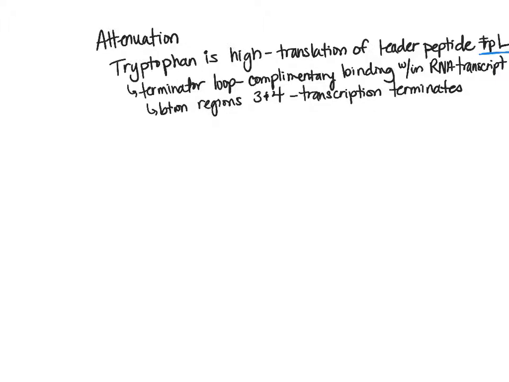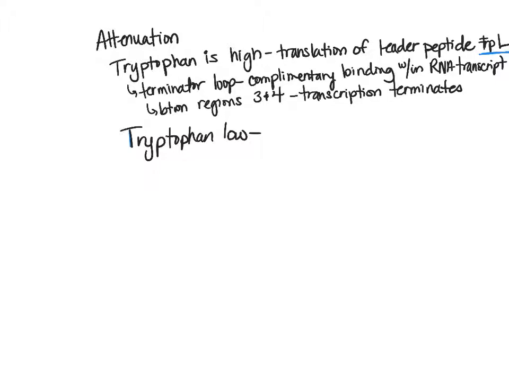On the other hand, when tryptophan is low, then our translation of TrpL is going to stall at region 1. And that's because TrpL needs 2 tryptophan to attach to it for it to continue.